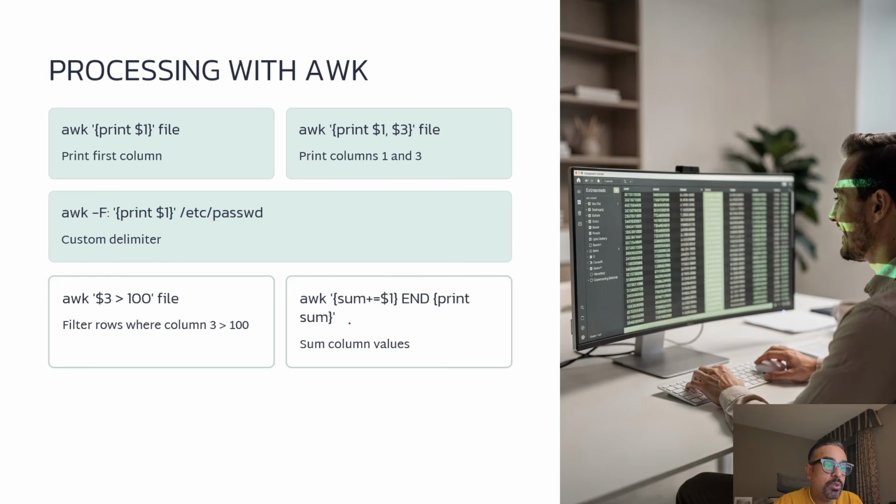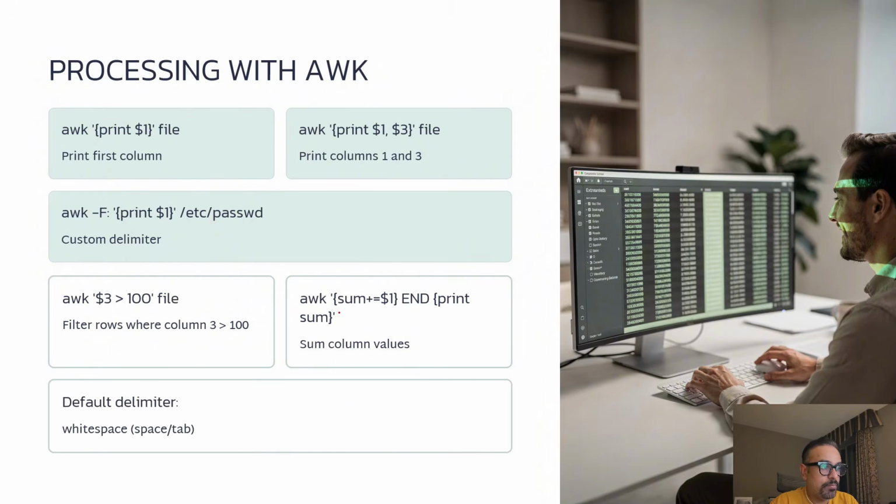This is going to calculate the sum of the values in the first column, and the END block executes after processing all the lines. So first it is going to make the sum of the first column, and then at the end, after processing all the lines, it gives you the final total.